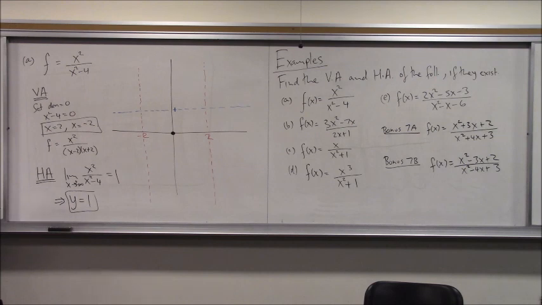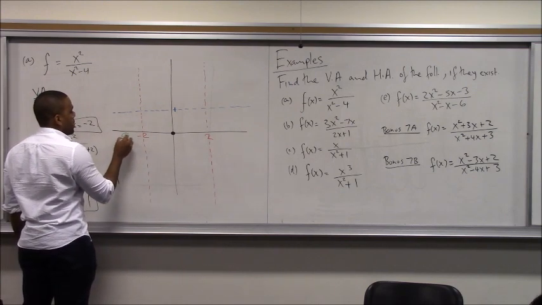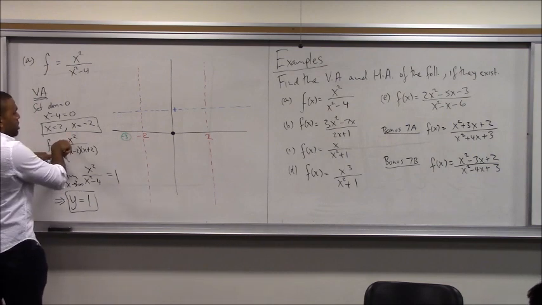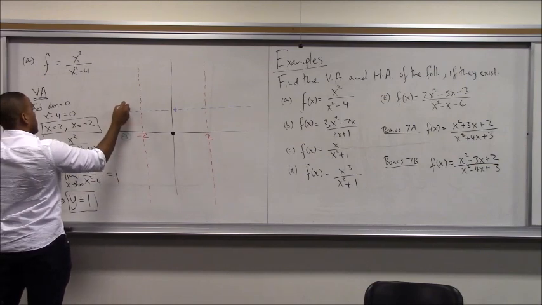So what we can do now to figure out where the graph is, we can test points. If I plug in something like minus 3 into this function, the top is always going to be positive because it's a square, so I'm just going to look at the bottom. This will be a negative times a negative, so that'll be positive. So it's up here somewhere.